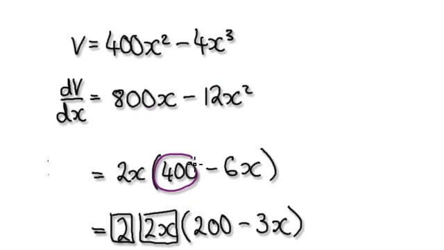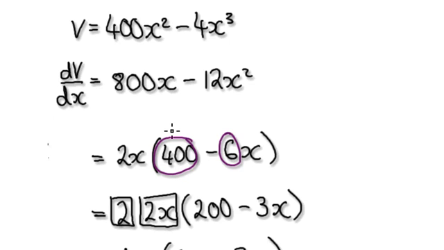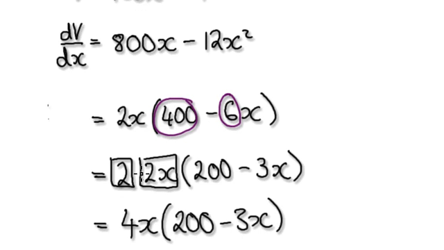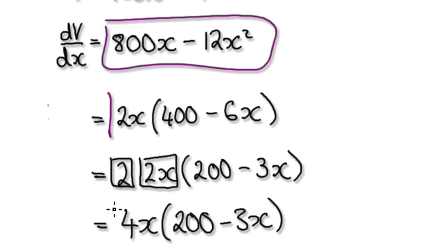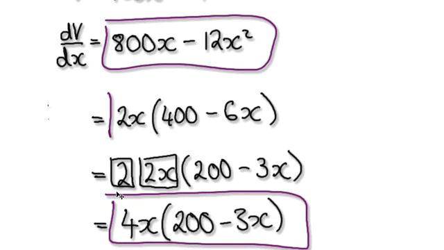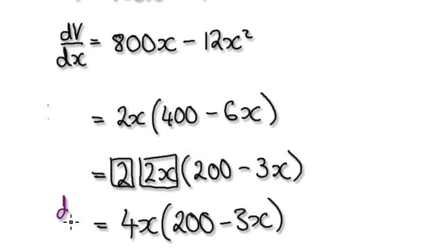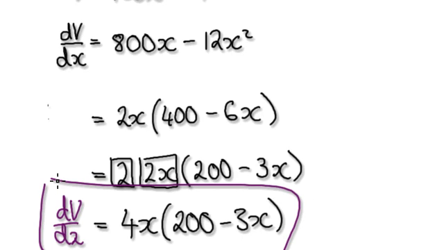But then you realize that 406, you can still factor out the 2. So take the 2 out. That will then give you this, and basically from here you can factorize it to this. So dv by dx equals this thing here.